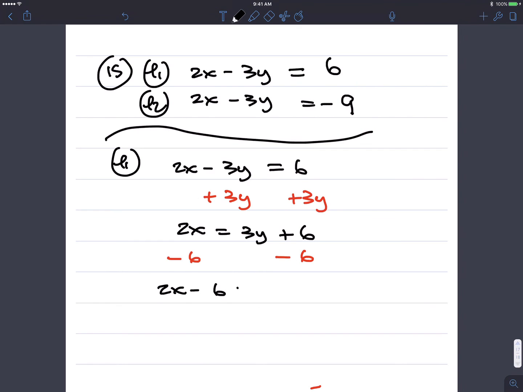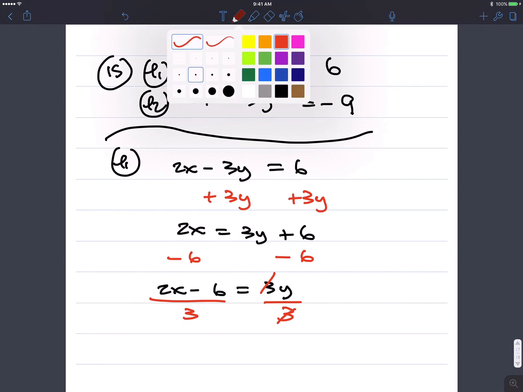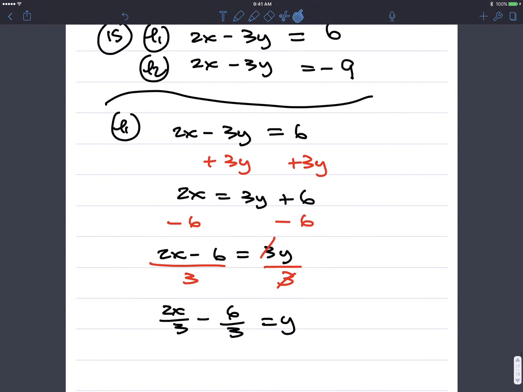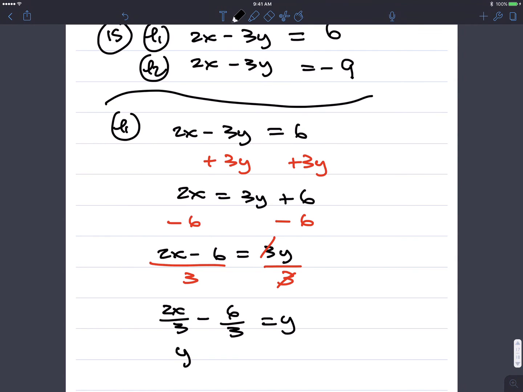You get 2x minus 6 is 3y. I'm going to divide now both sides by 3. My 3's cancel. 2x over 3 minus 6 over 3 is y. Let's see what you get. Y is 2/3 x minus 2.